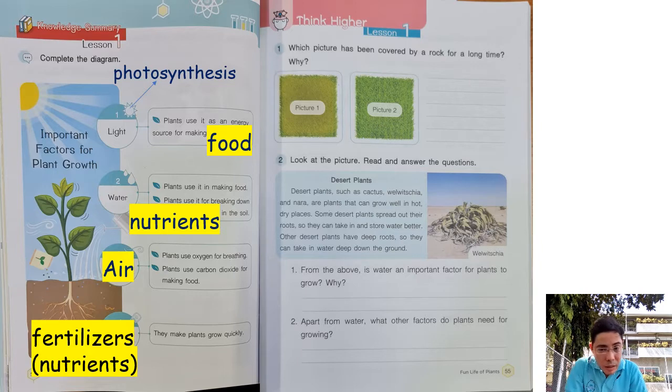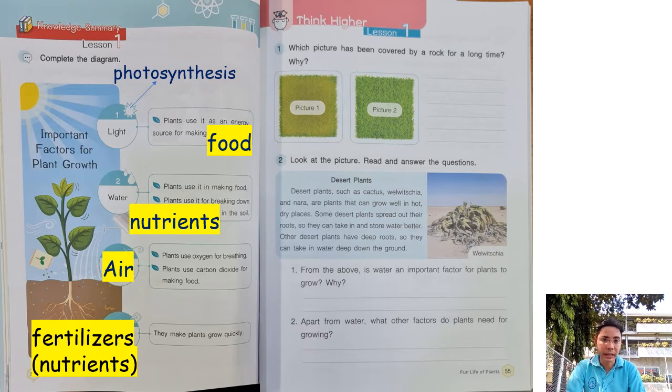Now, on page 55, let us answer. Which picture has been covered by a rock for a long time? There is a big rock in front of the plants. So the plants cannot get sunlight. So if there is no sunlight, the plants will, yes, not grow and live long.